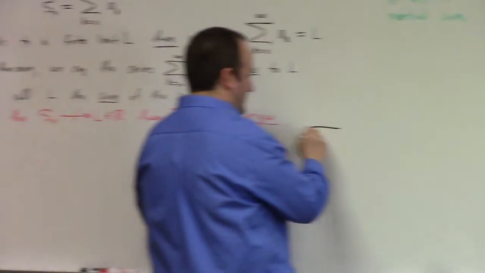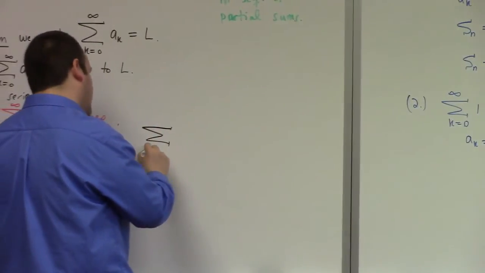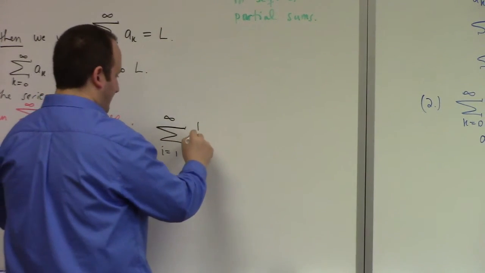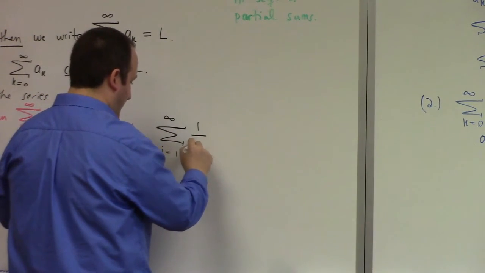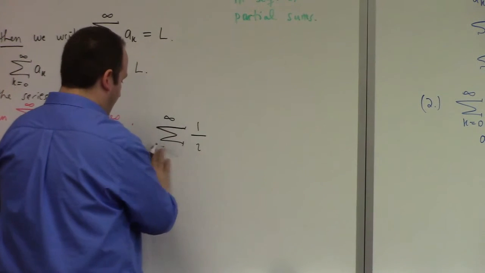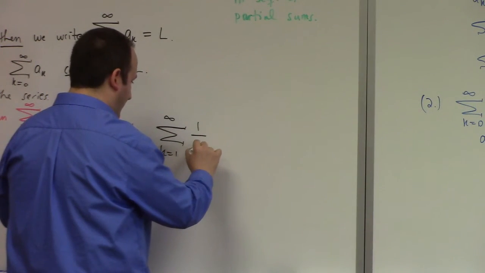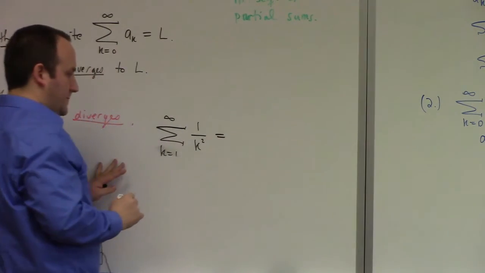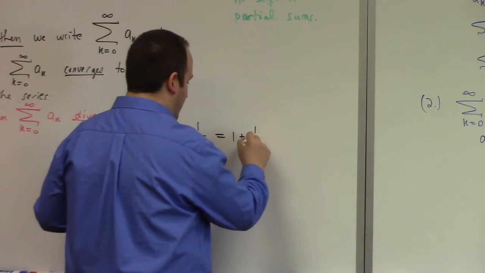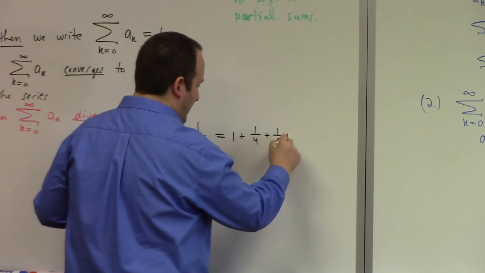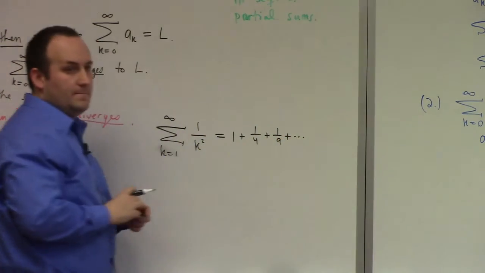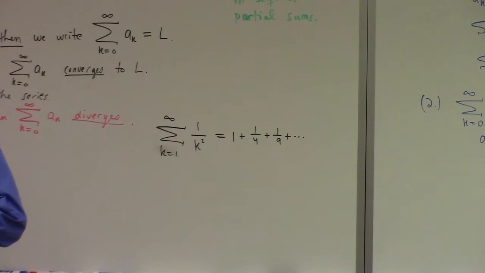For example, this one. That would be like 1 plus a 4th plus a 9th. That is not geometric, right? If you look at the next term that you're adding, it's not a simple multiple of the one before.